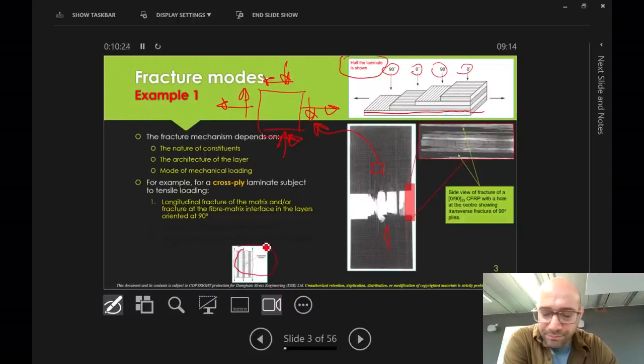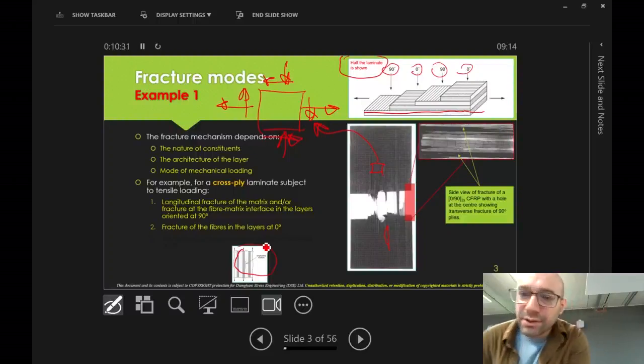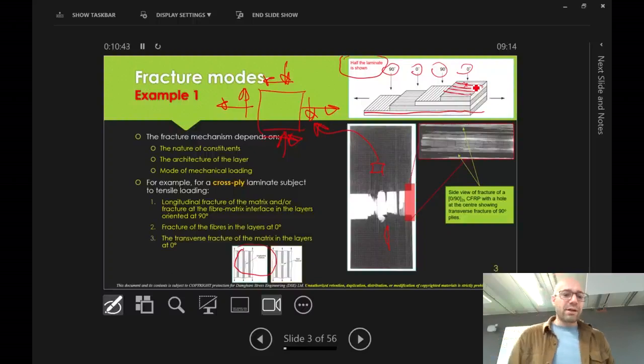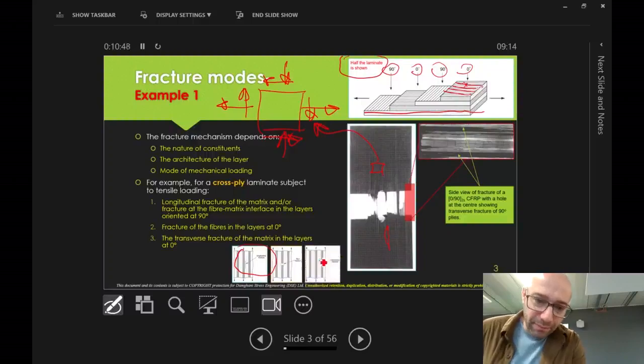Longitudinal fracture of the fibers at the layer of 0 degrees, the load bearing plies. Under tensile loading these fibers could fracture, as we explained in the previous slides. And also the transverse fracture of the matrix in the layers at 0 degrees. If you remember, that's the transverse.